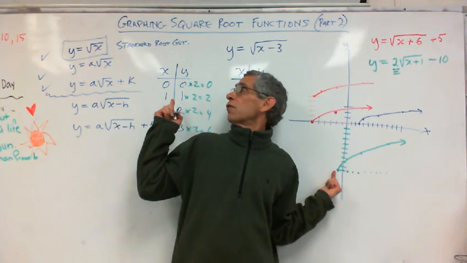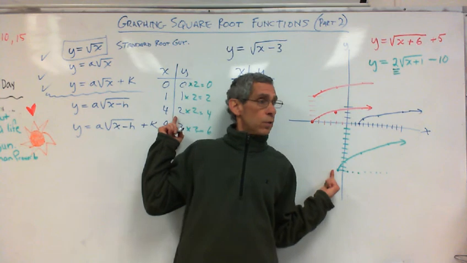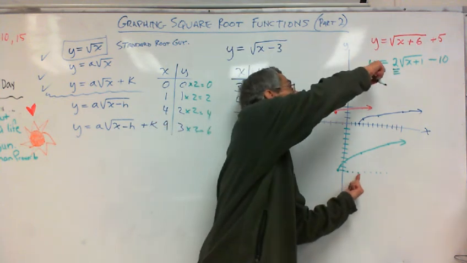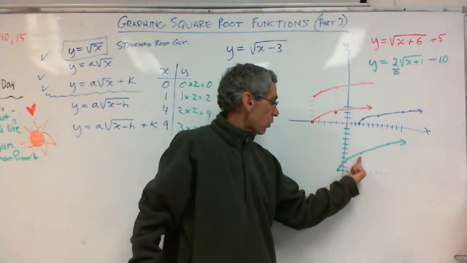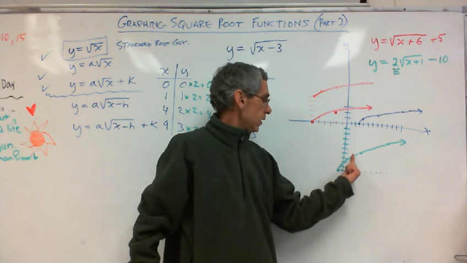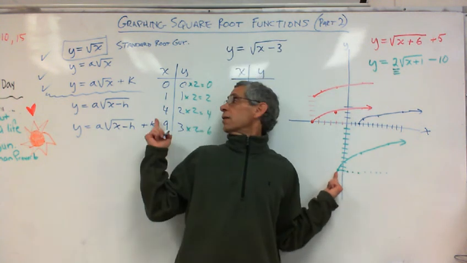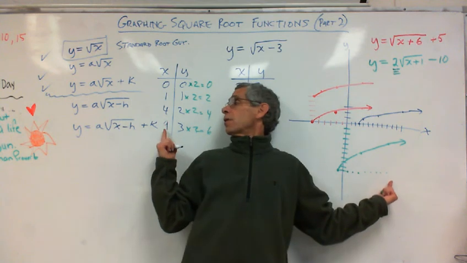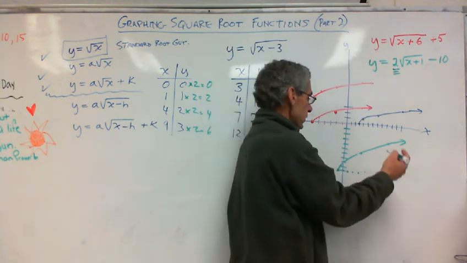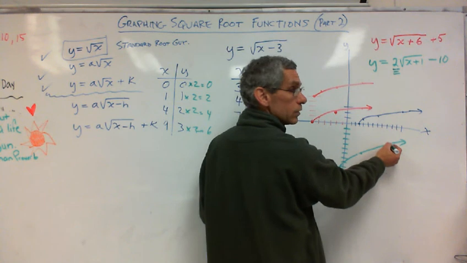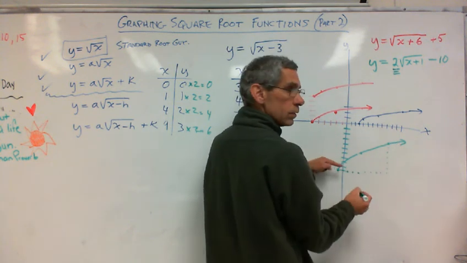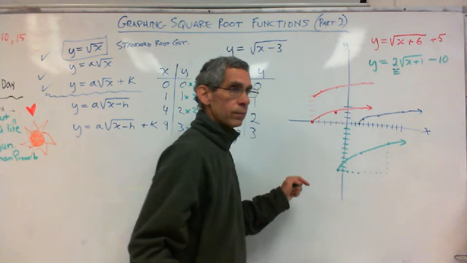And then it says over 4, up 2. So it's over 4, up 2 times that 2. So I got to go up 4, right? And then it says over 9, up 3 times 2, which is up 6. So I went up to 6. I went from here, 1, 2, 3, 4, 5, 6. And there it is, boom.